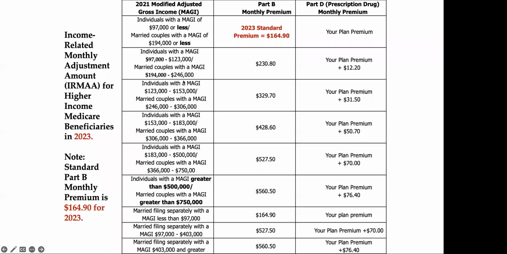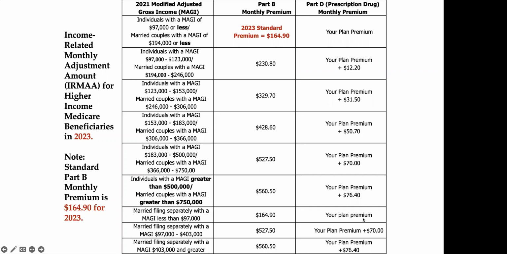And as the income goes up, as you go down the left-hand column, you'll see that the monthly premium goes up, and it can go up all the way to $560.50, which corresponds to individuals earning $500,000 or married couples filing jointly earning $750,000. You will also see on the right-hand column that there are surcharges for Part D prescription drug plans as well, based upon the higher income.